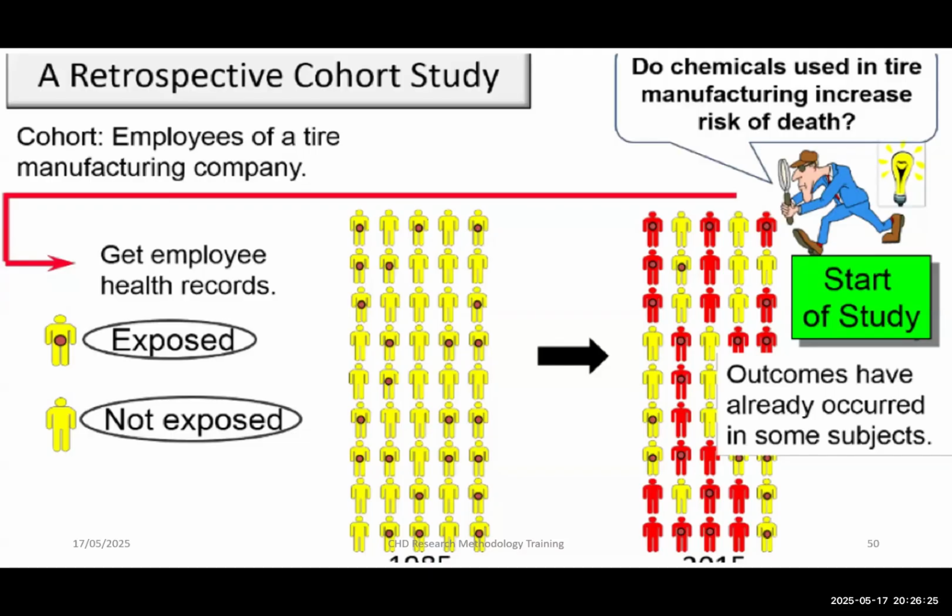But given that sometimes it's not possible because of the cost and the duration, a modification was made to bring in the retrospective arm, where you can still go back after you've seen some who have the disease and some who may not have the outcome, and see those who were exposed and those who were not.